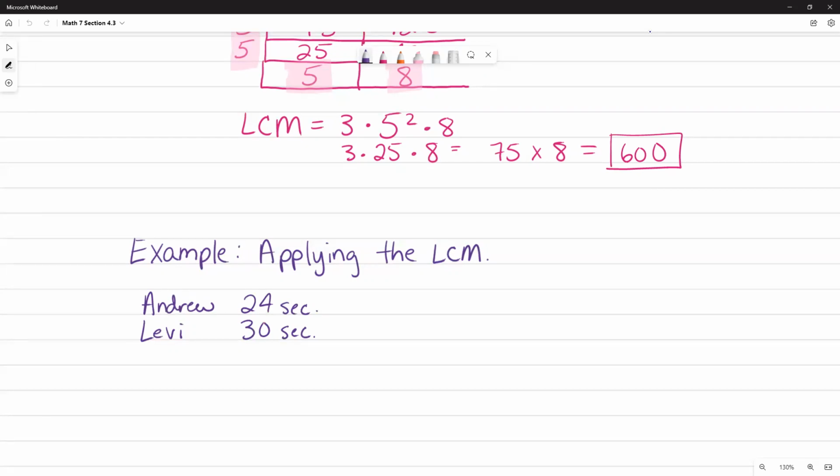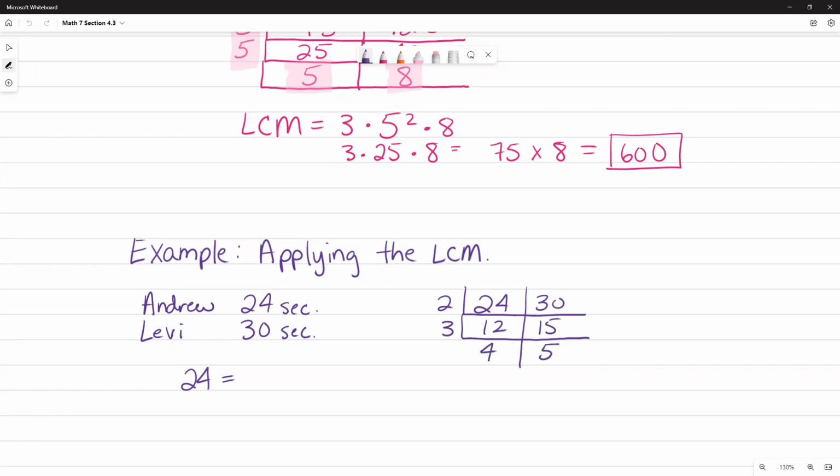All right. So when we do that, we find the prime factorization of 24. You can go ahead and break it down in the tree. Actually, I'm going to do it this way. I'm going to use the ladder. It shouldn't take too long. All right, these are both even. So 2 goes in 24 12 times, 30, 15. It's going to be a 3.